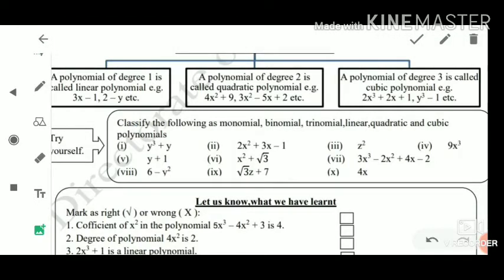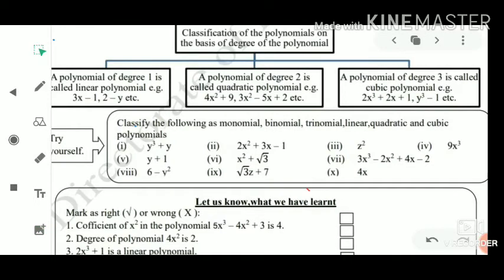This question we already did in our last class, in 8th class. I hope you all understand what we have to do. We need to make a table, and we need to classify all the terms into the table.